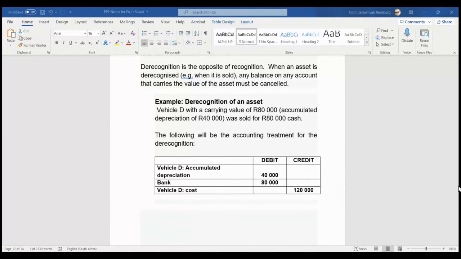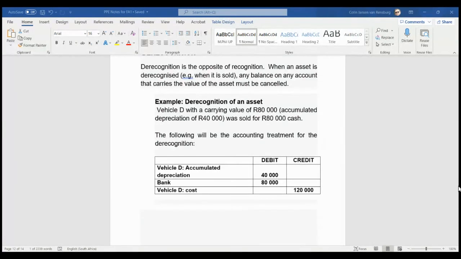Like I say, we'll get to that in the very near future. Then we couldn't simply debit the bank account with 80,000, because now we would have sold it for more or less than the carrying amount. Then we would have taken the difference between our cost account and our accumulated depreciation account, which is obviously the 80,000, to an asset disposal account, right?